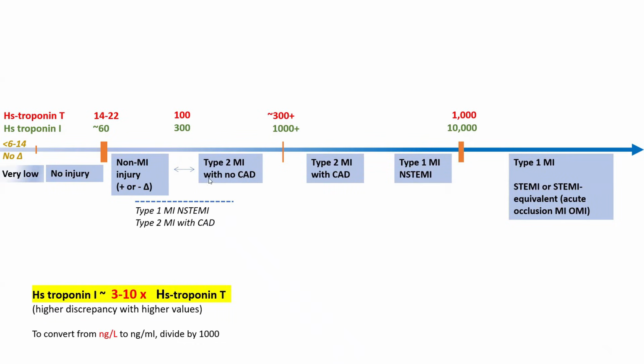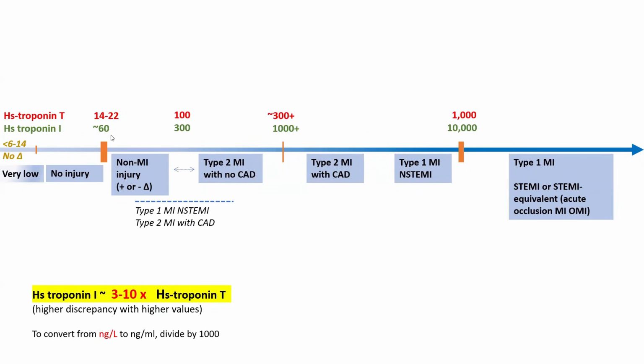Now, evidently, there's a lot of overlap between those zones, particularly the higher level diagnosis, type 1 MI, type 2 MI with CAD, may very well be seen at the low troponin values that are just above the MI cutoff. So you may very well have a type 1 MI here in that 14 to 100. In that zone, 14 to 100 of troponin, if you take all comers, type 1 MI is likely less than 50%, but 50% is a big number.